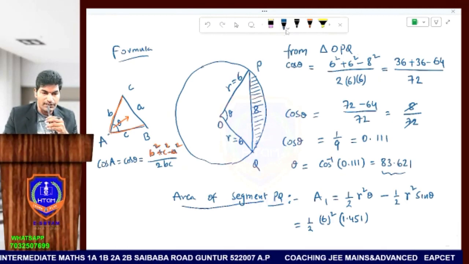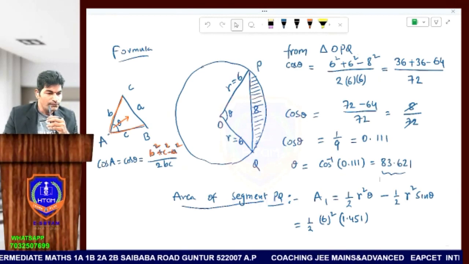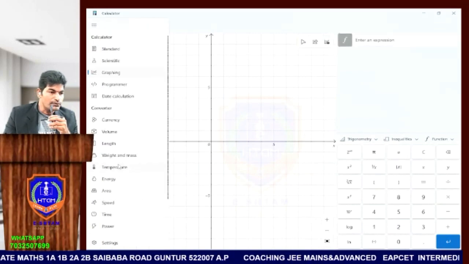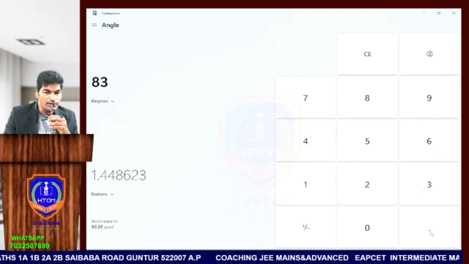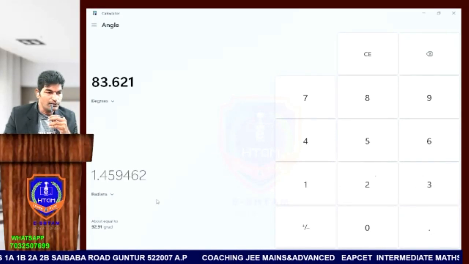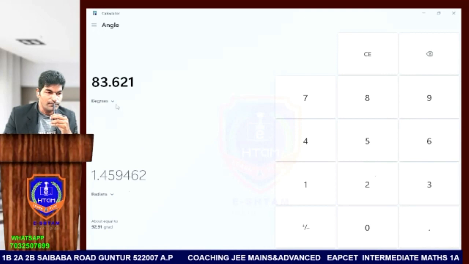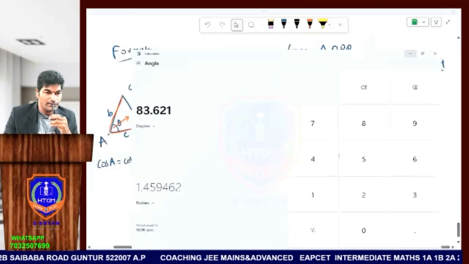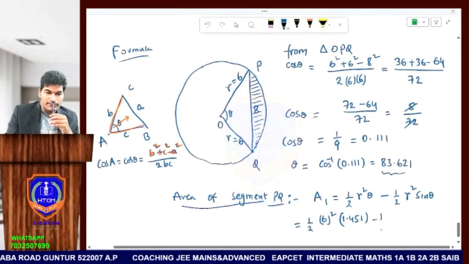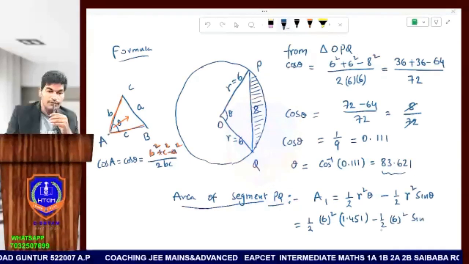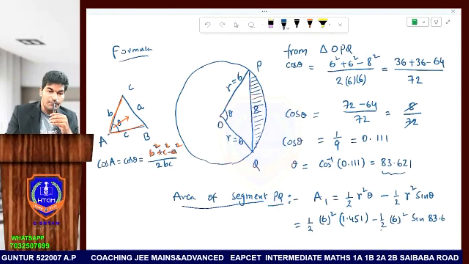I will show you: 83.621 degrees will be 1.4594 radians. Understood? Now write down minus R square, same 6 square, and sine theta. Now find out the sine theta value for 83.621.